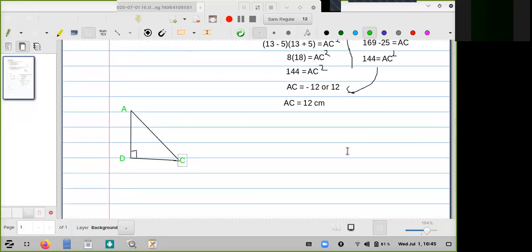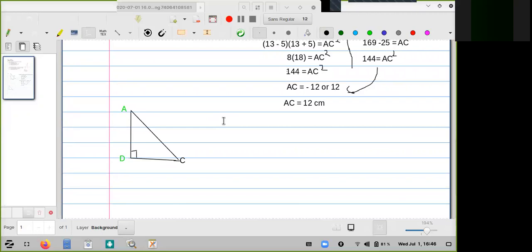All right, so let us now solve it. Since our AC is now the hypotenuse, according to Pythagoras theorem, the longest side, or the hypotenuse, the side which is opposite to the right angle or opposite to 90 degrees, is equal to what?